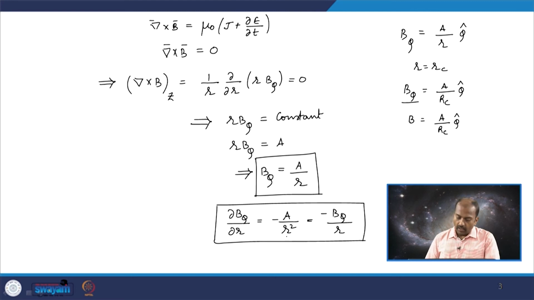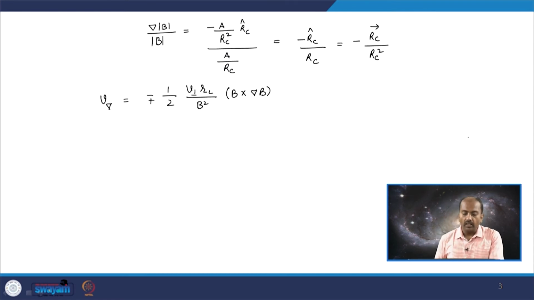We are evaluating at a distance of R equal to RC. So, we have substituted R equal to RC in this, right. Then we have calculated the ratio of the gradient of the magnetic field, only the magnitude, divided by the magnitude of the magnetic field, which turns out to be this, right. Since this is a gradient, it is a vector, right.